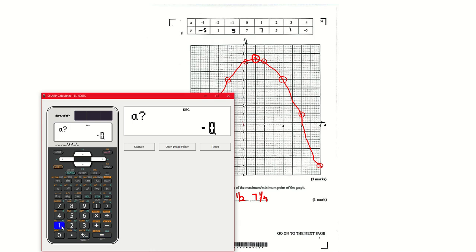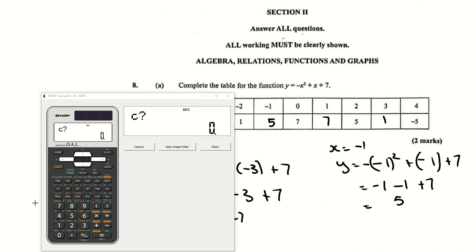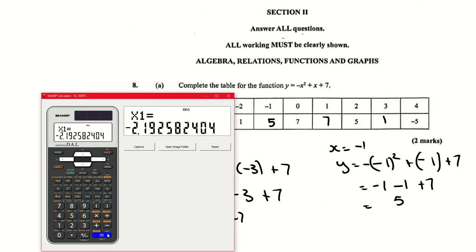A was negative 1, B was 1, and C was 7. Where did I get 31 from? So I know there's negative 2.19. How would I get 2? Okay, negative 1, 1, and 7.